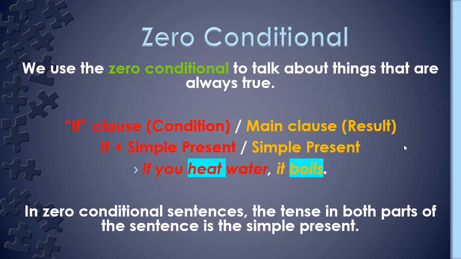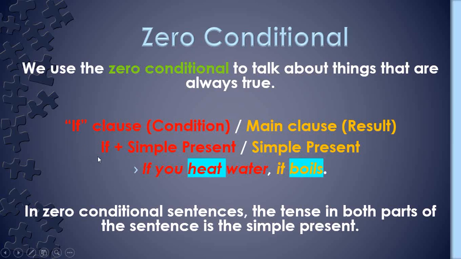Then here we can see the two parts or the two clauses that we are going to use in the zero conditional. The first, the if clause, expresses the condition, and the main clause expresses the result of that condition.